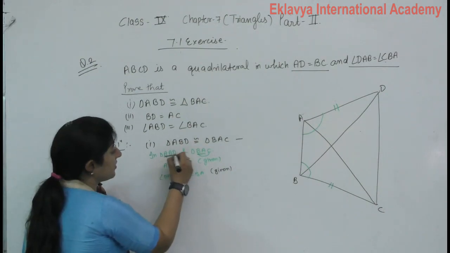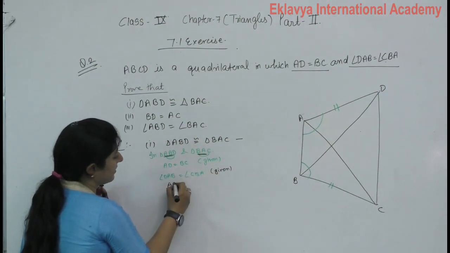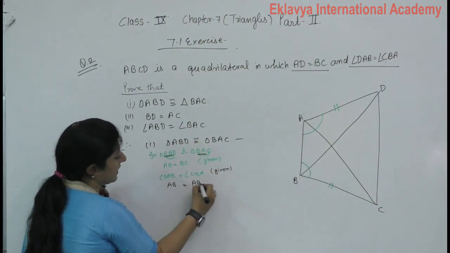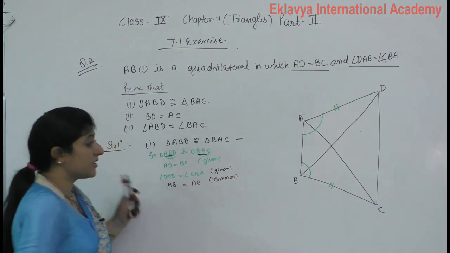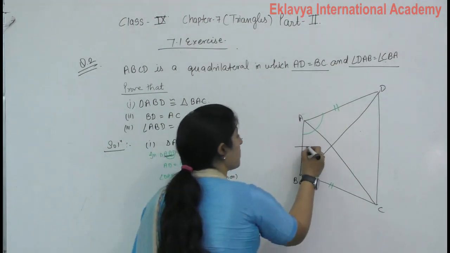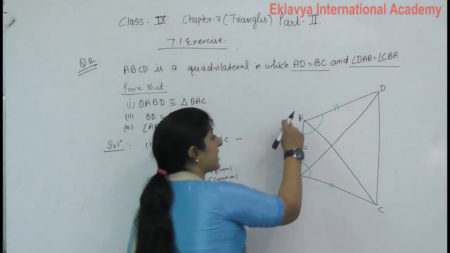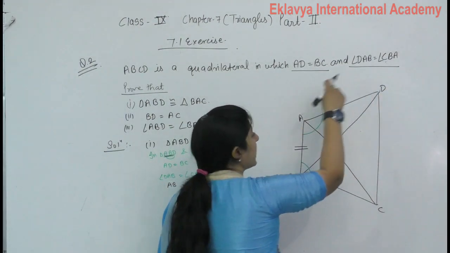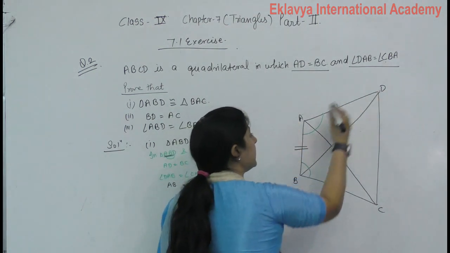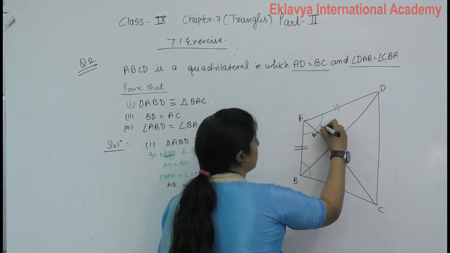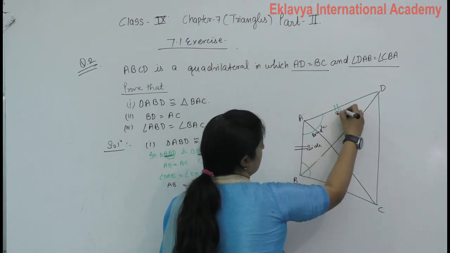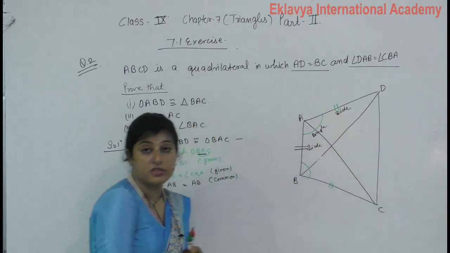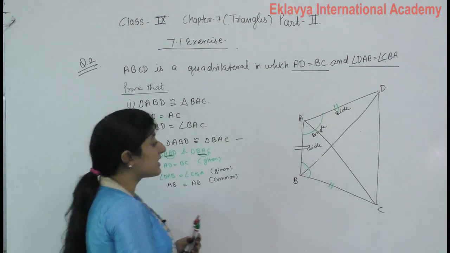Third, you can see easily that AB is equal to AB, common. Now see in the figure which rule this follows. In triangle ABD, this is a side, this is an angle and this one is a side. It means which rule it follows? Side, angle, side.